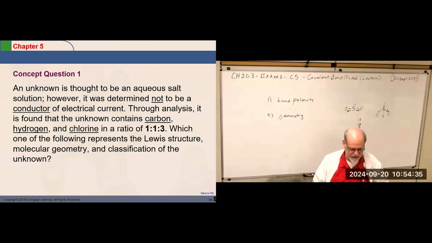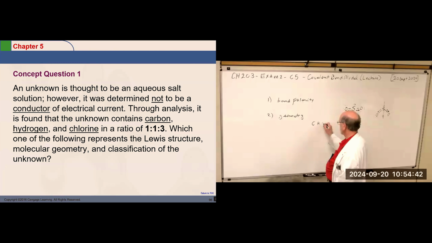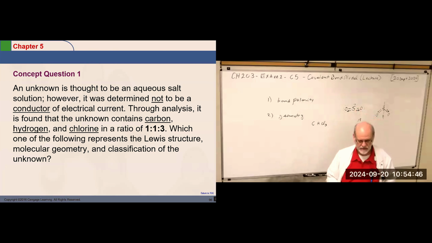Through analysis, it's found that the unknown contains carbon, hydrogen, and chlorine in that ratio, 1:1:3. That's your empirical formula. We haven't done that yet, have we, in this class? That's coming later, I think. Maybe in the next chapter. Yep, next chapter.